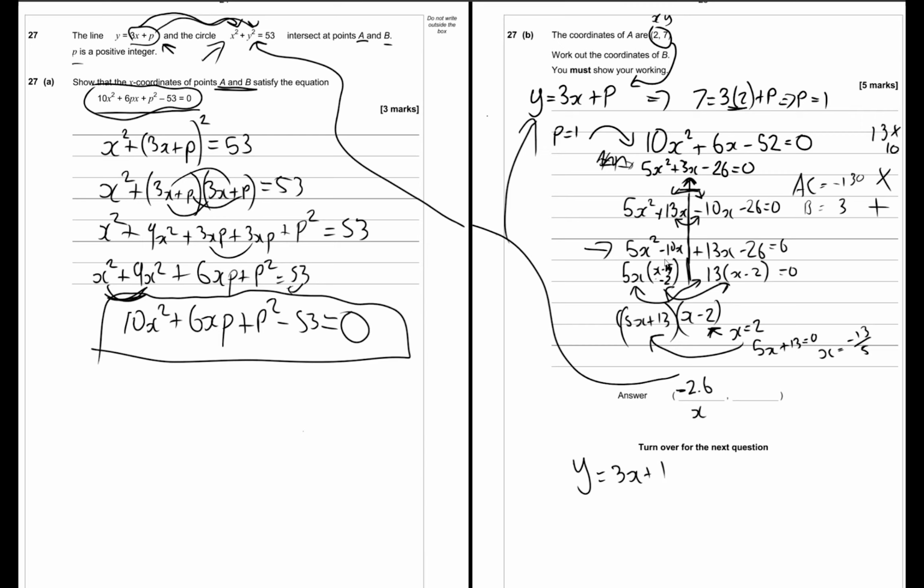We know x is minus 2.6, so y is equal to 3 times minus 2.6 plus 1. So let's put that in the calculator. 3 times minus 2.6 plus 1 is equal to minus 6.8. So that is your y value. So x is minus 2.6 and y is minus 6.8. And we are done for 27b.